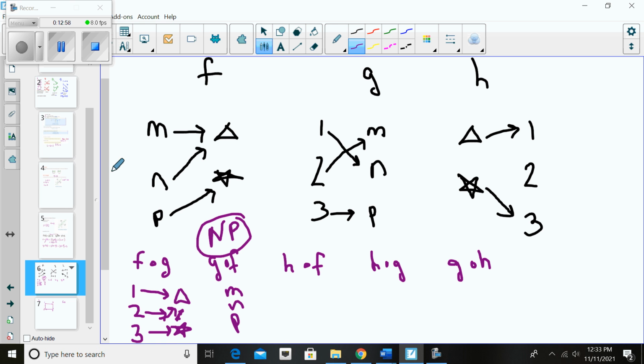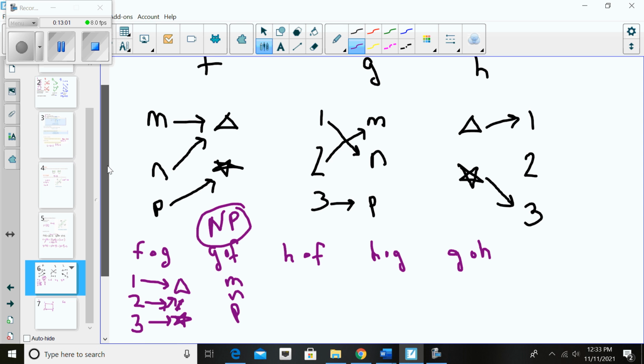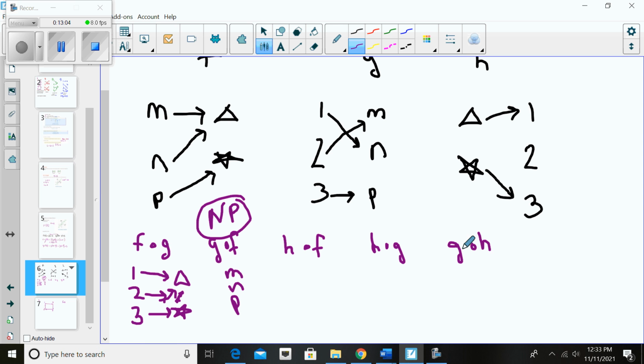Let's do one more together, and then I will leave the ones for you at the end. So let's start with H. H is triangle, and then I'm going to put that into G. Triangle goes to 1, 1 goes to N. So triangle goes directly to N. Star goes to 3, and 3 goes to P. And that's it.